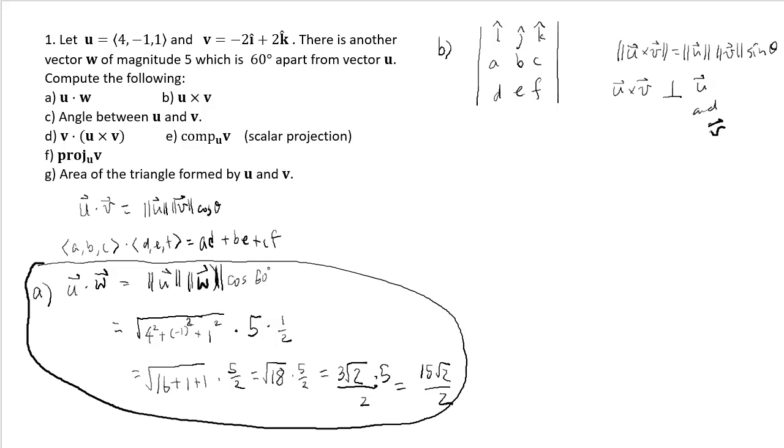So it's actually very complicated to compute the cross product of vectors when they're not given as coordinates.